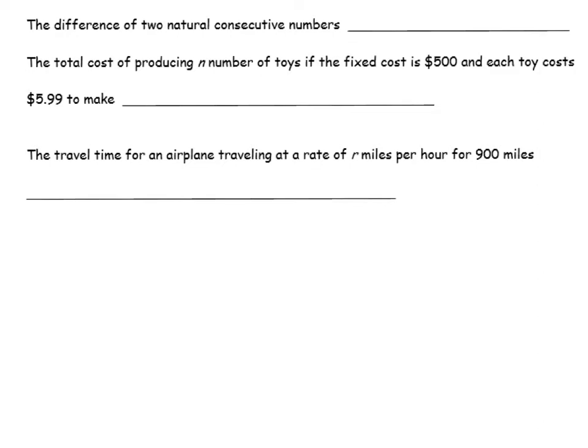Okay, the difference, okay, would be, there's my natural number. Consecutive means it would have to be x plus 1, or the next one, okay? I don't know what natural number it is, right? I'm just calling it x, but if I was to subtract 2 consecutive, I'd have to subtract x plus 1.